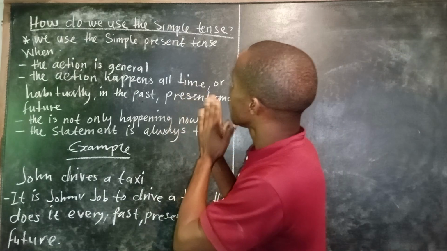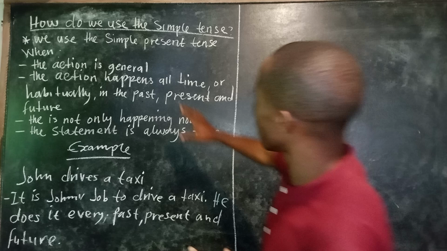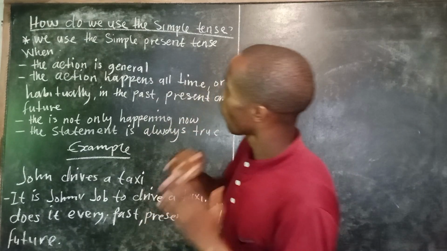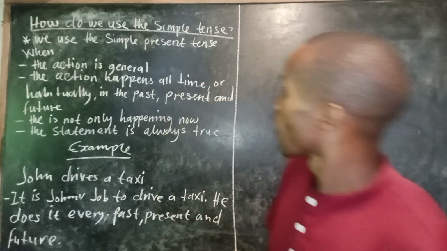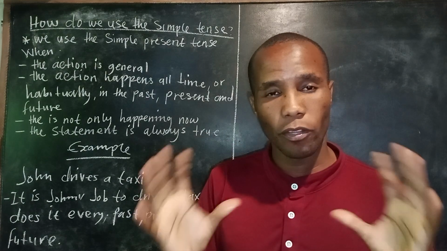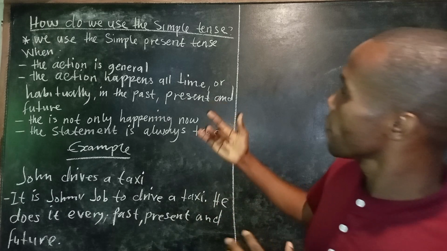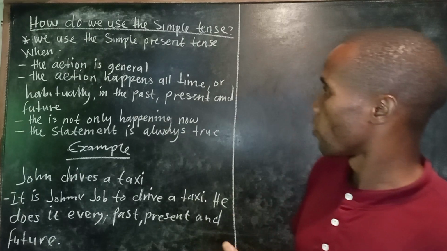We use the simple present tense when you should note the following. When one, the action is general. So you can only use the simple present tense when the action is general.